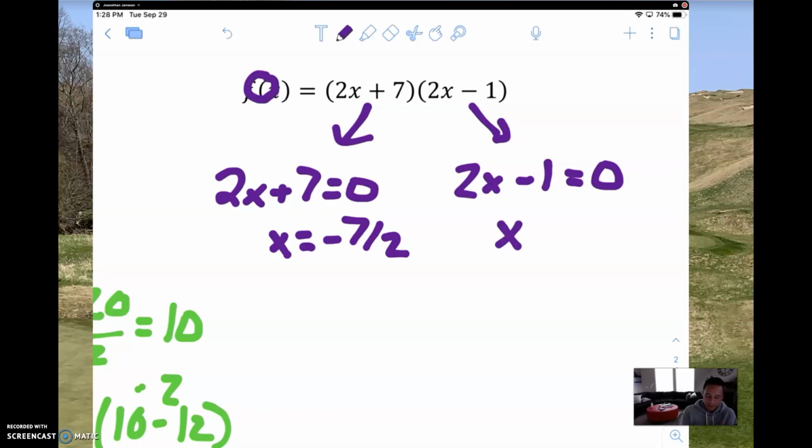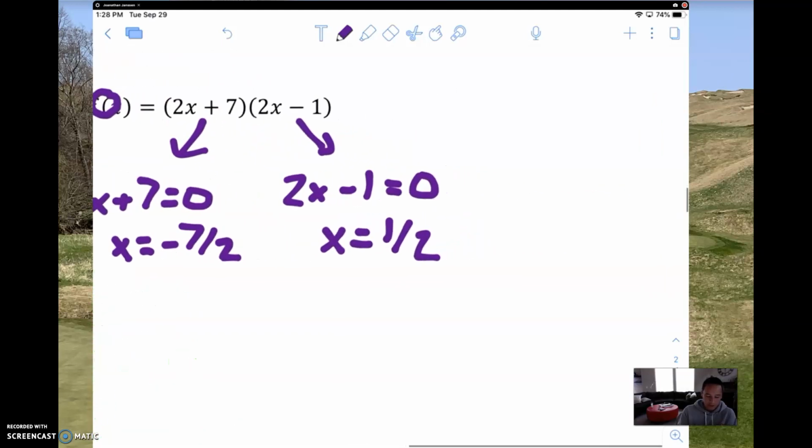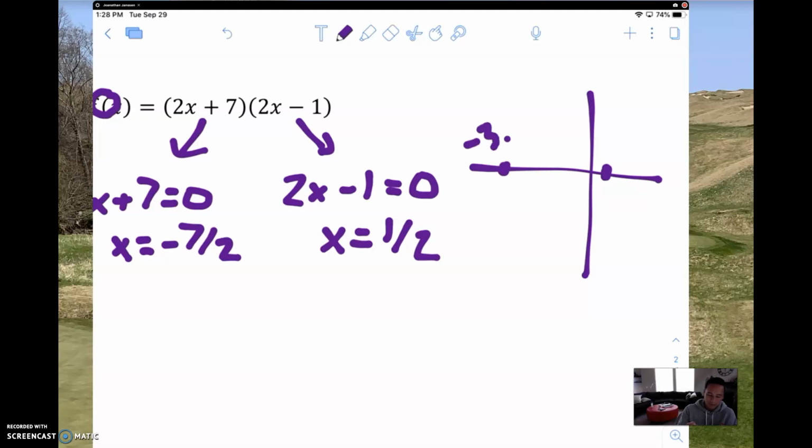So we get x equals 1/2. So if you were to graph this, just a rough sketch of it, we'd have an x-intercept here at 1/2, and then way back here at negative 3.5. If you like decimals, you can use 0.5.